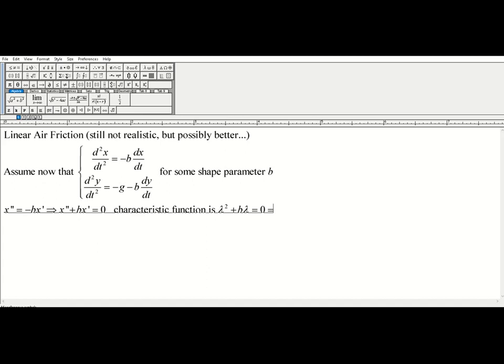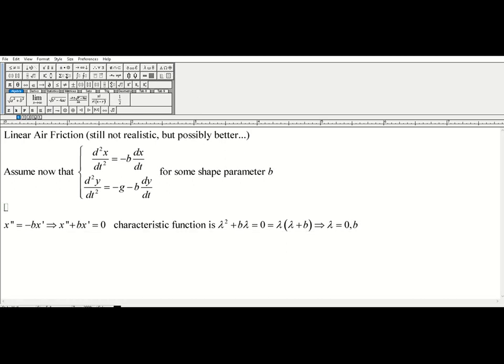So that equals lambda times lambda plus b. And that indicates the lambda equals 0 and negative b.